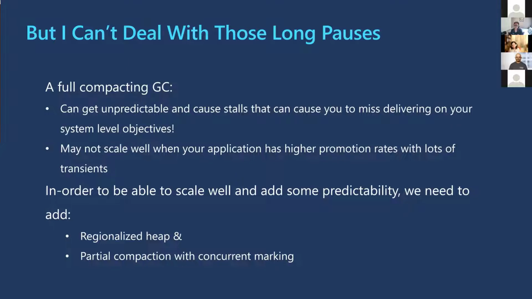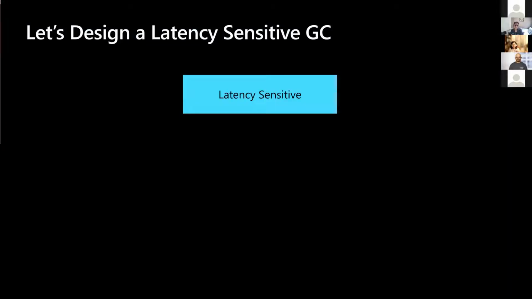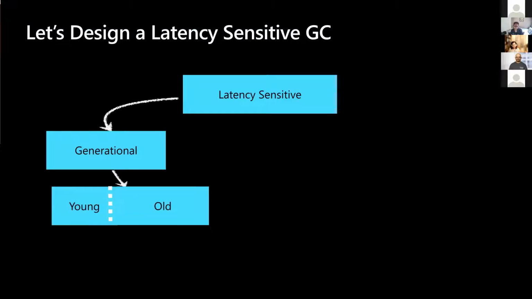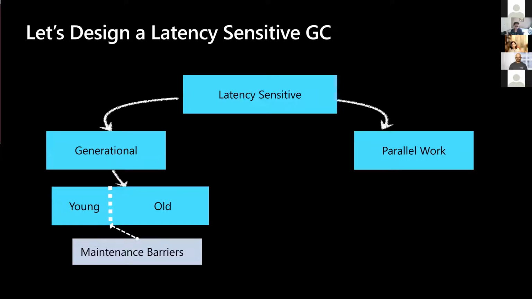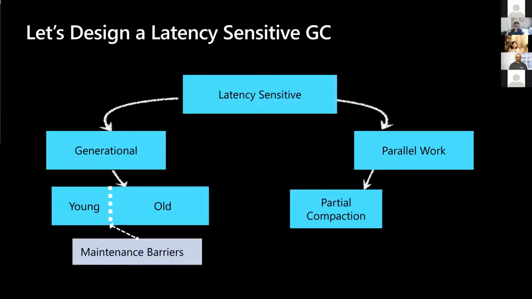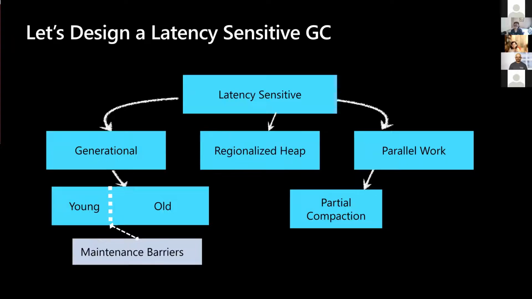So now let's look at this latency sensitive collector. I mentioned the generational concept is still there, right? And then the parallel work, I mentioned two things. I mentioned the partial compaction, right? And the regionalized heap, which works kind of in conjunction with the parallel work, okay?